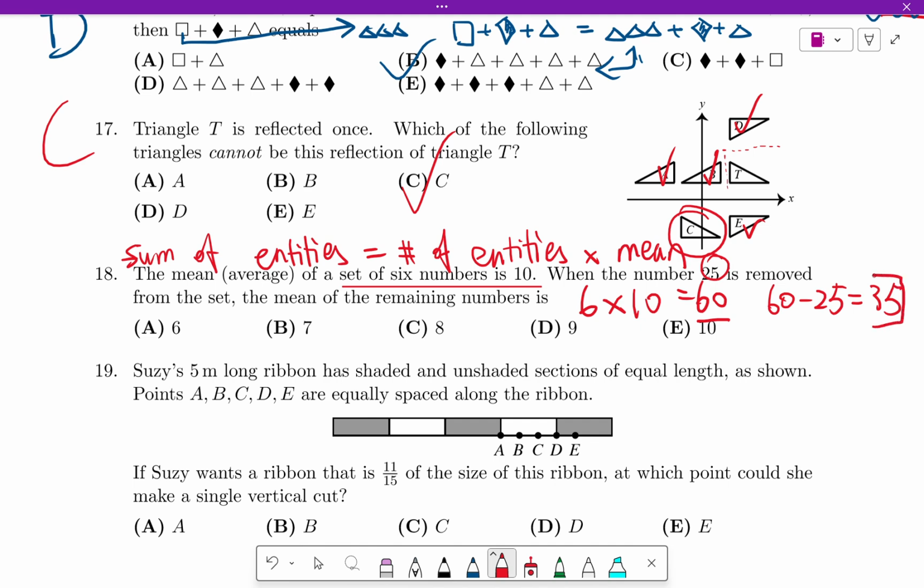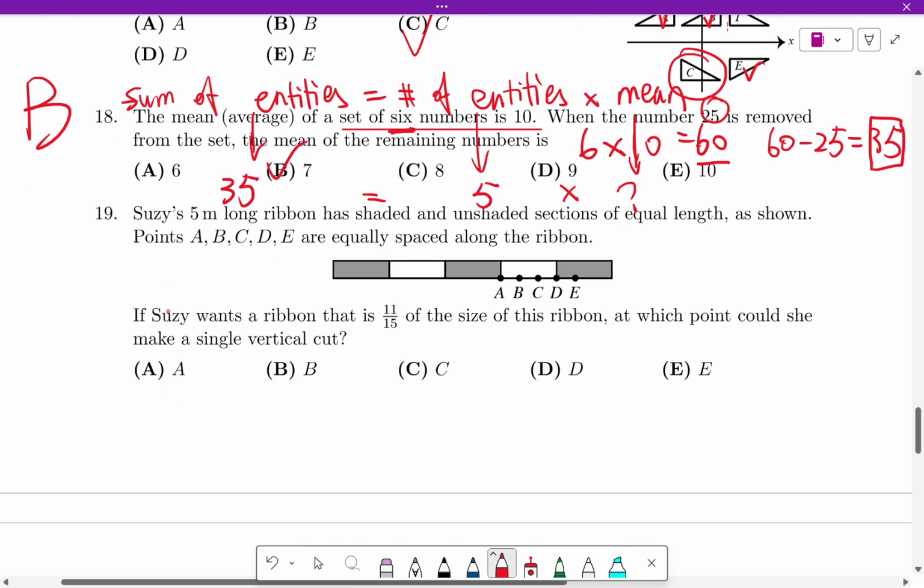And be careful, it's not 6 numbers anymore. It's 5 numbers because 1 number is removed. So we have 35 as the sum, the number of entities is 5, and we are looking for the mean. So it would be 35 divided by 5, which is equal to 7.